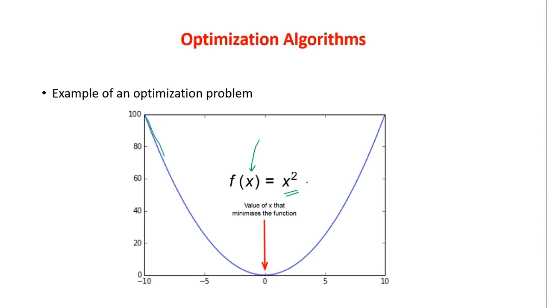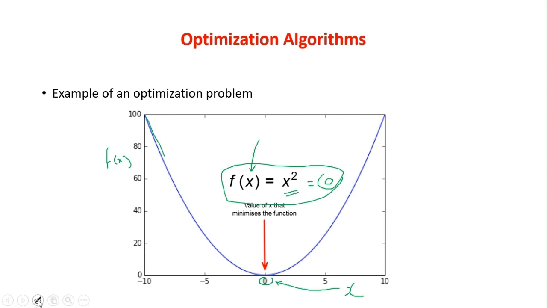Here the x-axis is x and the y-axis is f of x. For x equal to 0, the output is going to be 0. That is the minimum value. So for x equal to 0 we get the function minimized.